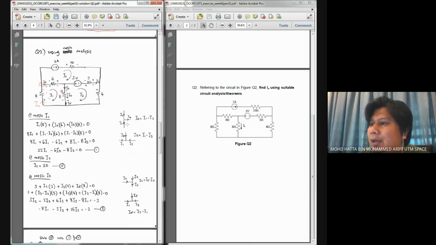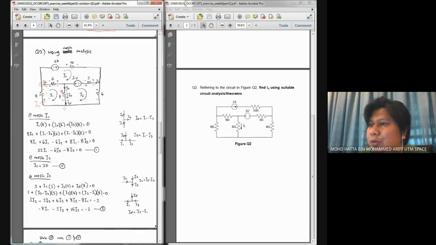At this junction, I have I1 going in, I2, or 2 ampere, going out, and IA also going out from that node. So IA equals I1 minus I2. I put IA as I1 minus I2 in the second line, and IB is I1 minus I3.